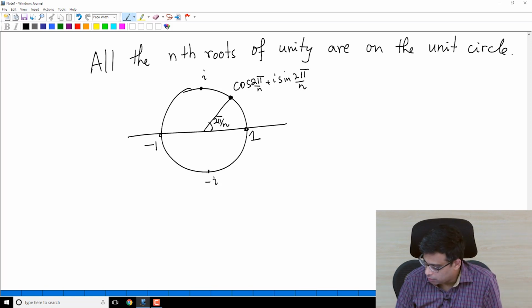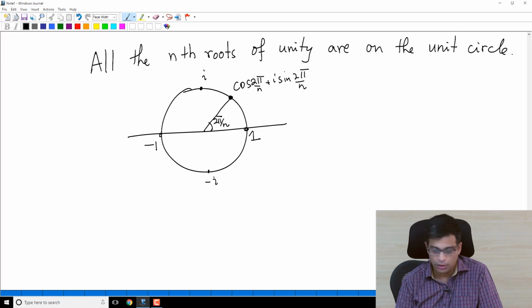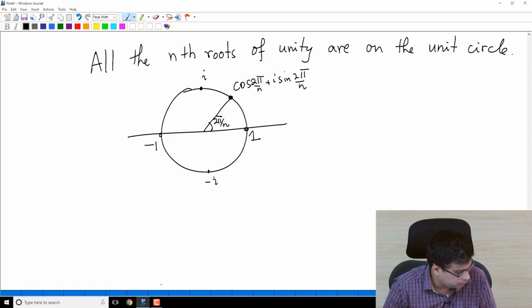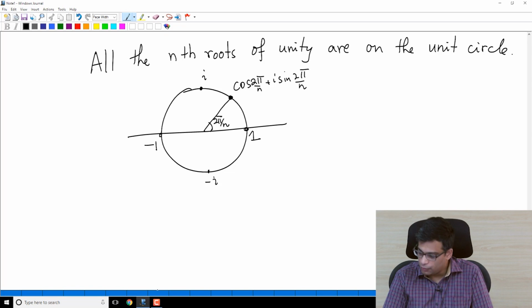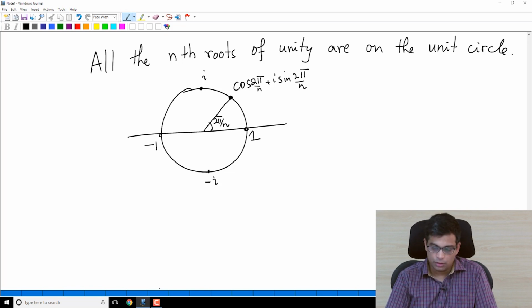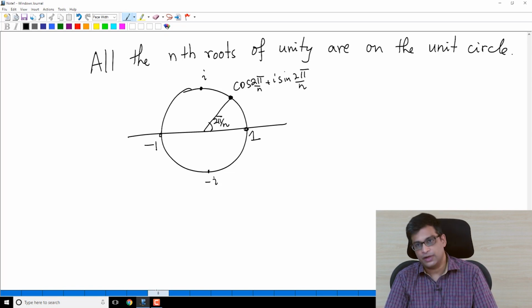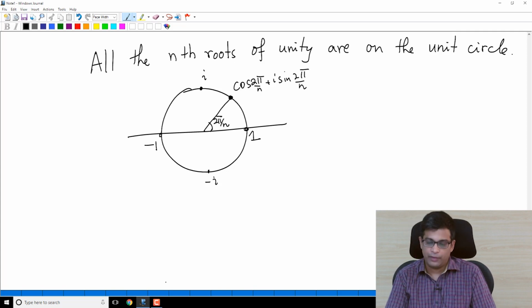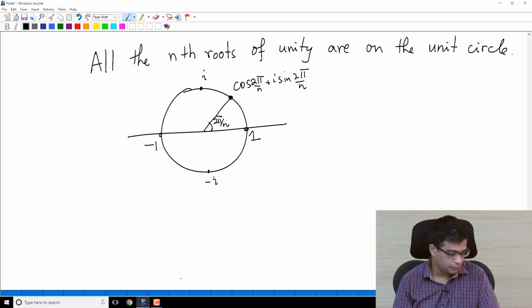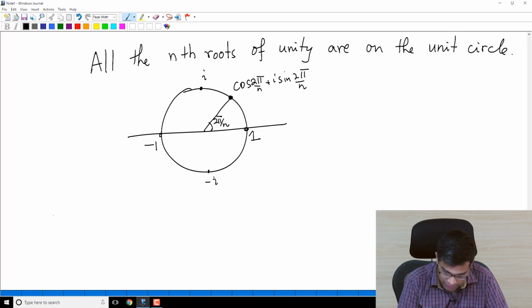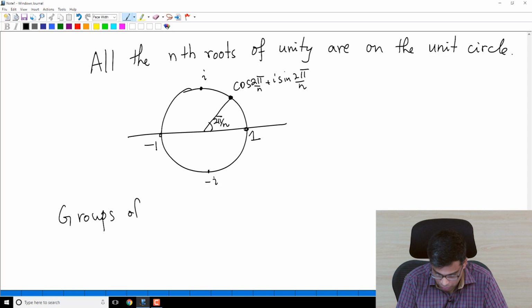Again, in this video I am basically trying to give you examples of groups. We have various groups now: groups of numbers, groups of bijections of a given set, and now a group of nth roots of unity. One more important example is groups of matrices.